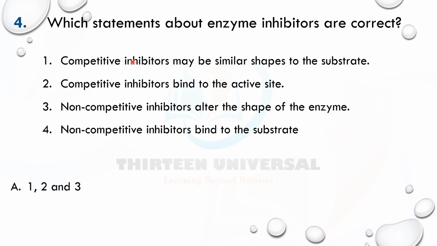Now let's look at it. Competitive inhibitors, look at it. I think we've done it before, but let's see it. We will not get tired of explaining. Okay, if you have an enzyme like this, and the active site is somehow like this, and the substrate is like this. Can you see the substrate?